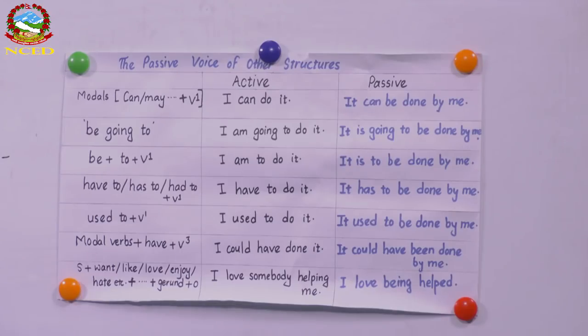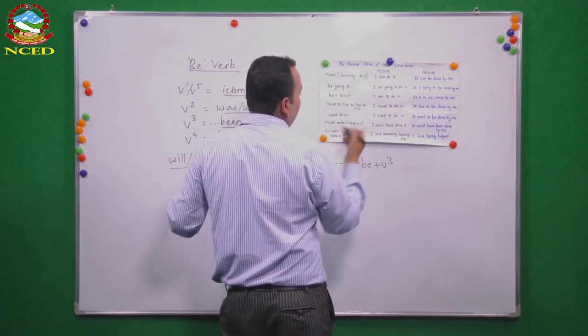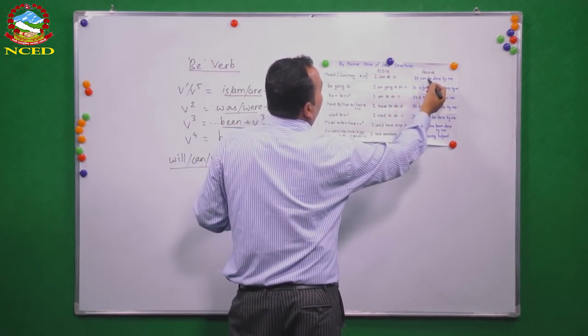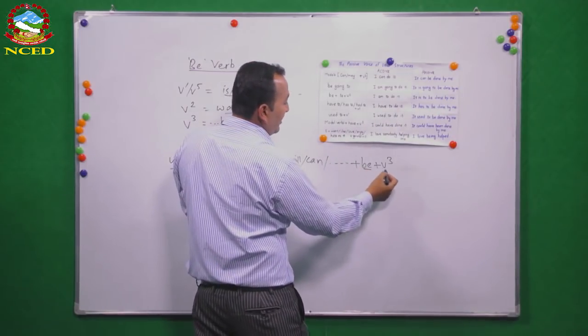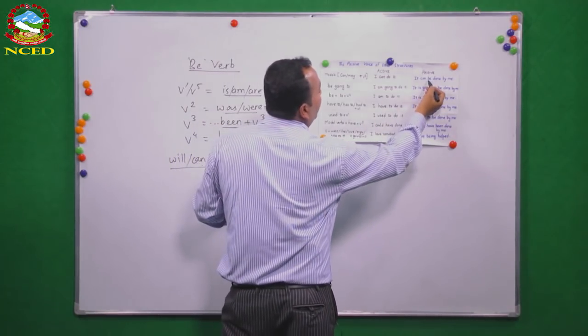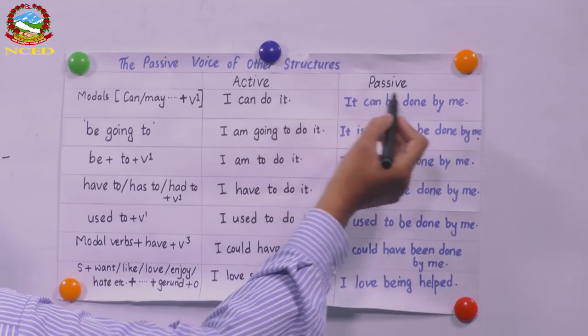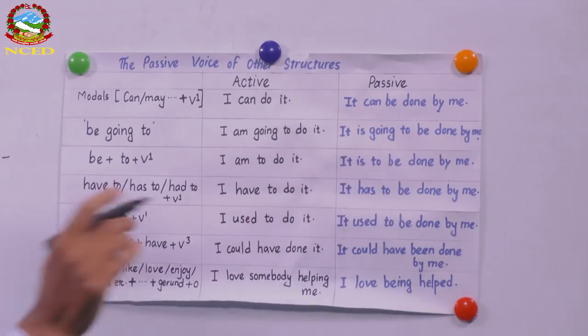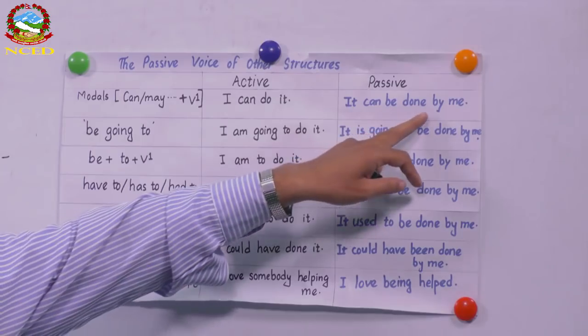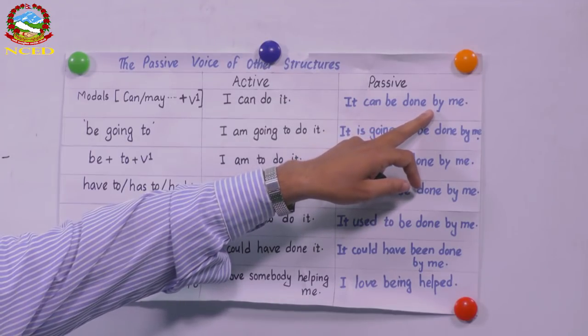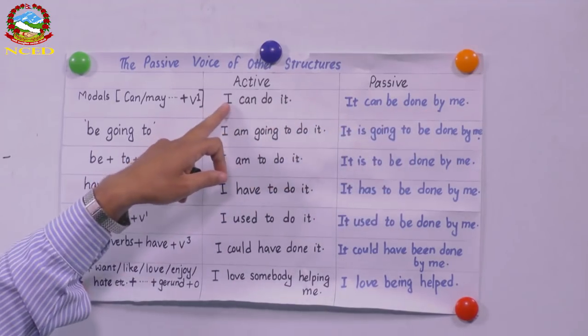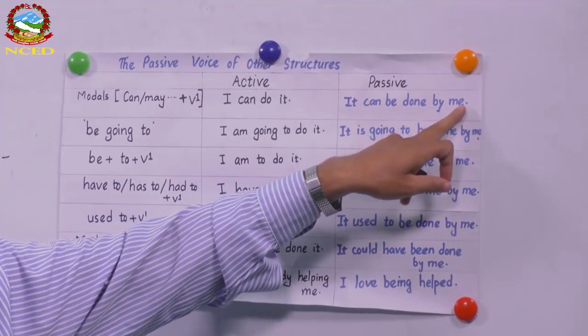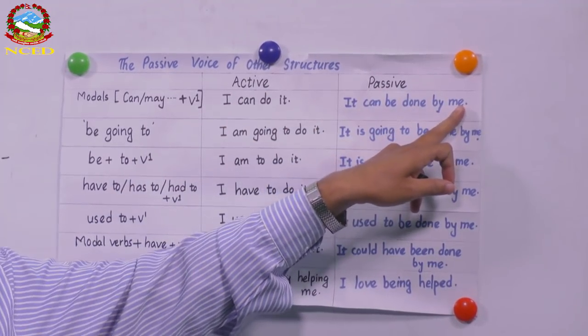If there is can plus verb 1, this rule applies here: can, then we use be plus verb 3. Look at this, be and then do verb 3, done. Do, did, done. Done is verb 3. And as per the rule, we use the preposition by, then I is changed into me.